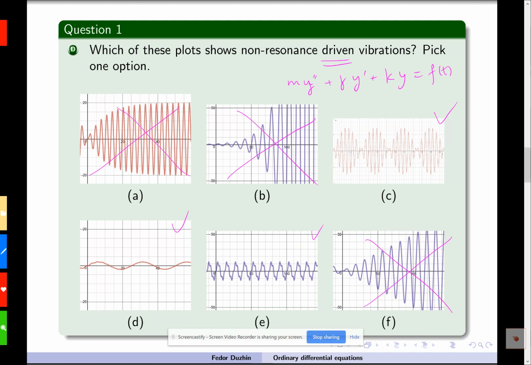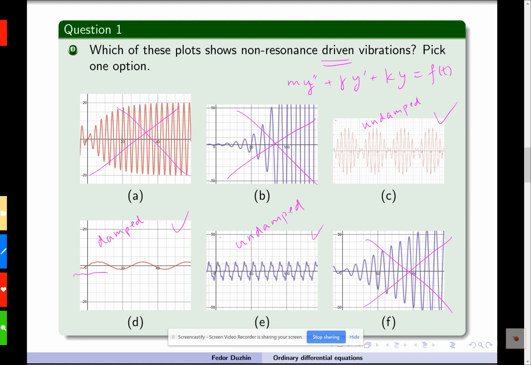Maybe just for your information, D is damped and E is undamped and C is also undamped. So how do I know that? Because E and C are periodic motions and D is not a periodic motion. You see, initially in D we have two types of oscillations: one is the big sinusoidal wave, and another is little oscillations around that big sinusoidal wave.